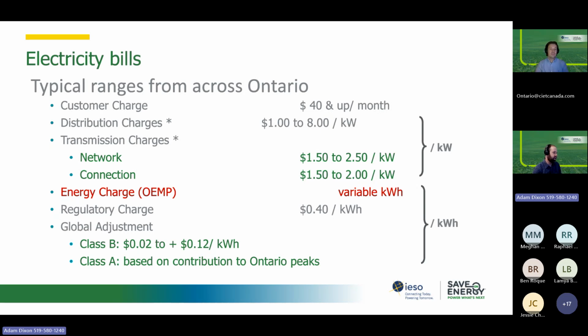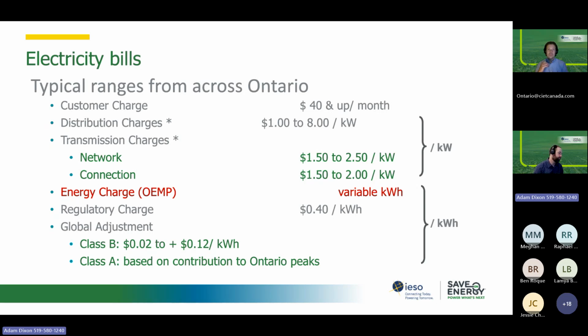Then you pay your energy charge. Right now it's the OEMP, which just changed in the last, I think, 3 weeks. This has gone from the HOEP price, which is more locally based. It's based on your zone within the province and the needs in that zone at that time. It's designed to hopefully create more generation closer to where it's actually needed, so we can have more local generation and eventually drive down the price throughout the province.